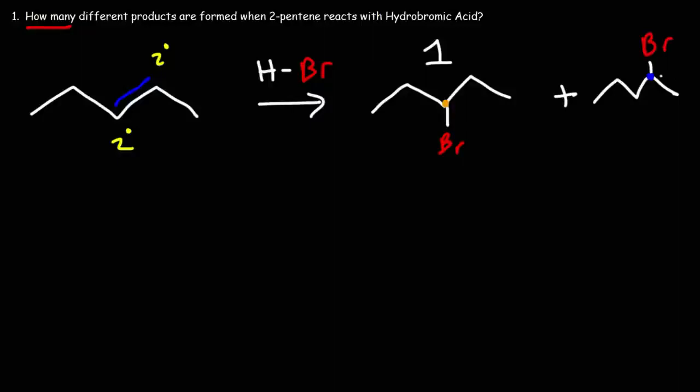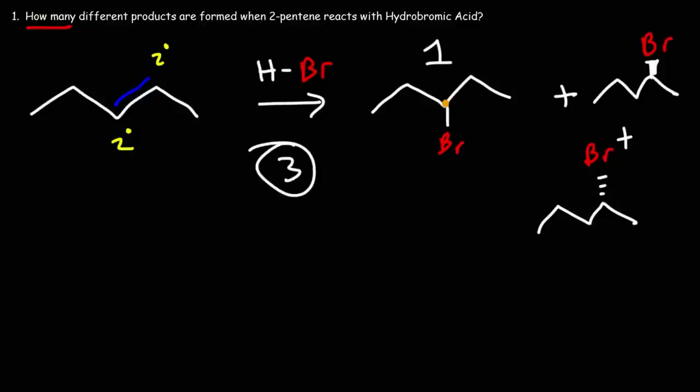It has a bromine atom, it has a hydrogen, it has a methyl, and it has a propyl group. So this is a chiral center, which means we can get 2 different stereoisomers of 2-bromopentane. So taking stereoisomers into account, we get a total of 3 different products.